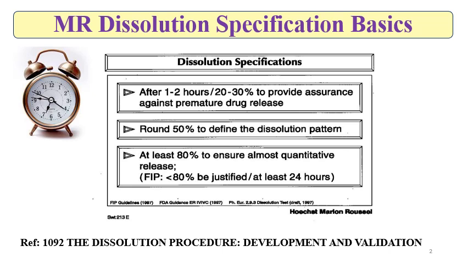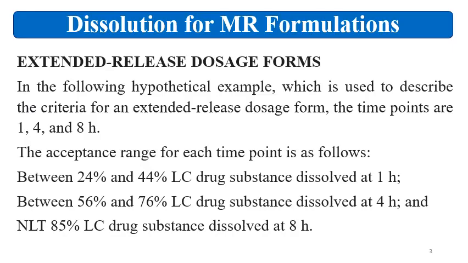Now let's see the example from the USP. Here, extended release dosage form. In the following hypothetical example, which is used to describe the criteria for extended release dosage form, that may be capsule or tablet, the time points are 1 hour, 4 hours and 8 hours. All these examples I have taken directly from the USP chapter.